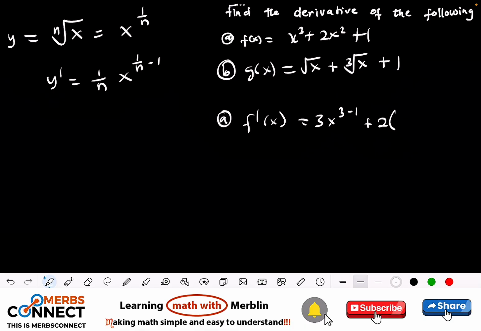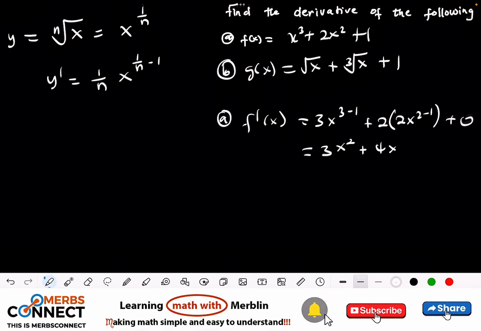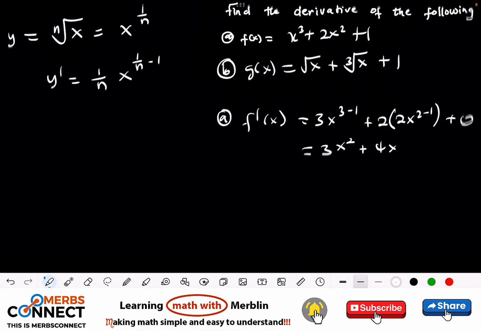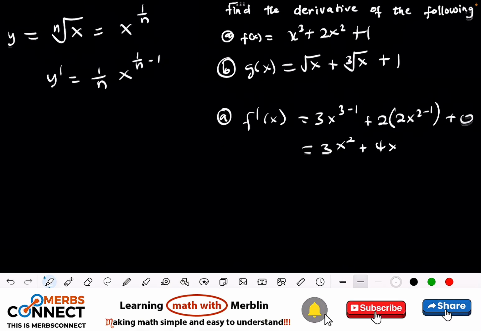Then I differentiate x to the power 2: 2 drops down, 2 minus 1. When I differentiate a constant, I get 0. So this gives us 3x squared plus 4x plus 0, and then it's just 0. This is what you get for differentiating a polynomial function.